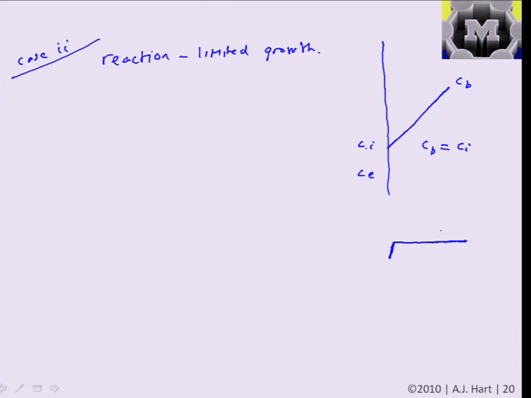So now we can write that the rate of change in the particle size is equal to the reaction constant times the molar volume times the value CI minus CE, or the same thing, given our assumption, would be saying that this is equal to CB minus CE, because CI and CB are equal.